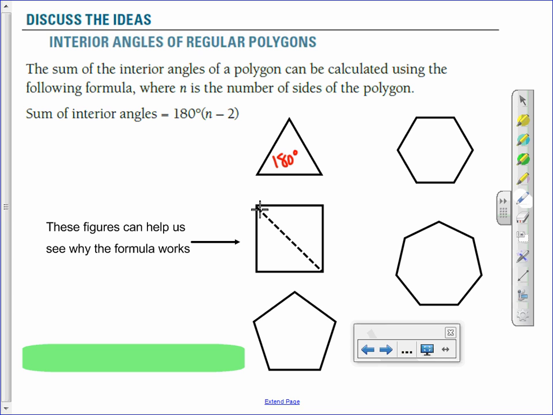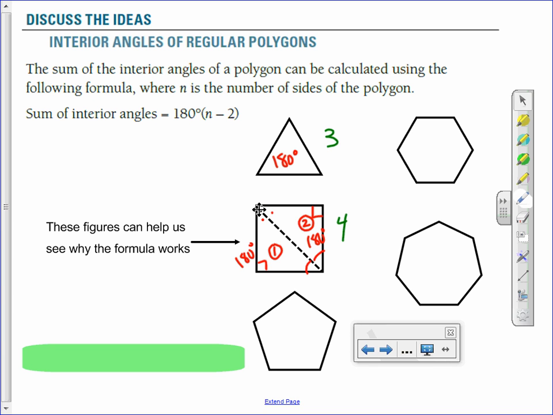By the way, this triangle had 3 sides. So now we go to 4 sides. If we look at all the angles here, we have 1 triangle here and 1 triangle there, and each of those is 180 when you talk about the angles. So this angle plus that angle is 180, and then this angle plus that angle is 180. And so the total is 360, or 2 180s.